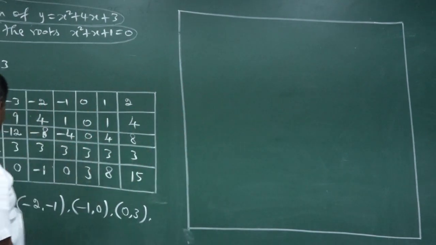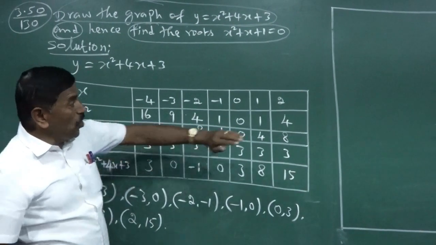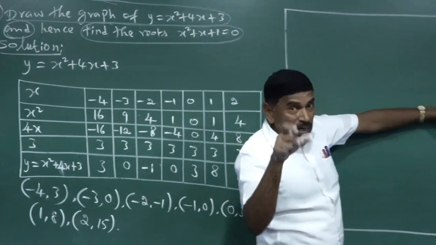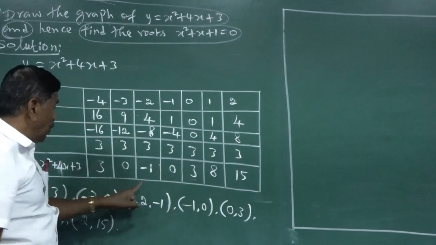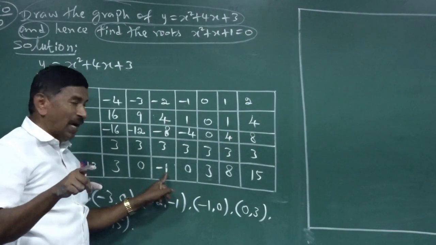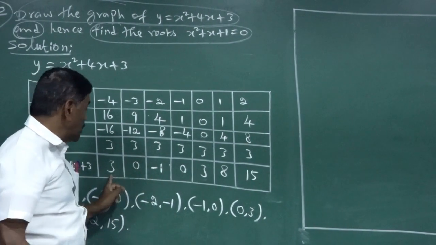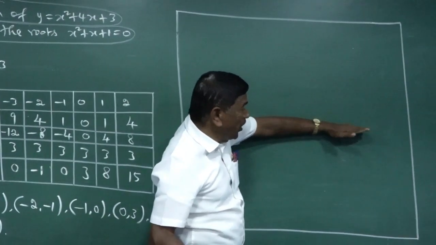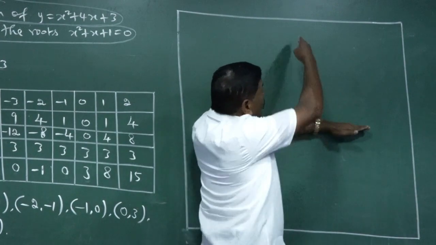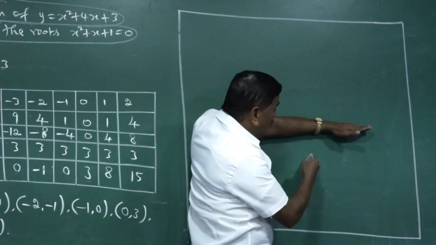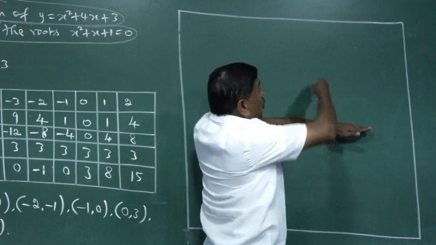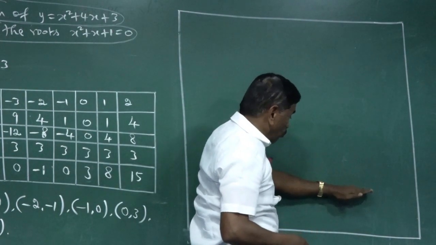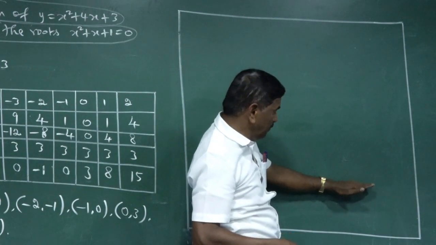Listen, to draw the x-axis, consider y values. In y values the highest negative is -1, but positive goes up to 15. So that is why we want to draw the x-axis somewhat downward, like this.